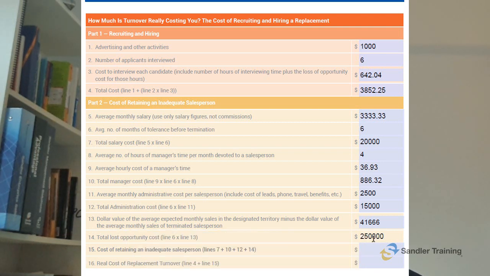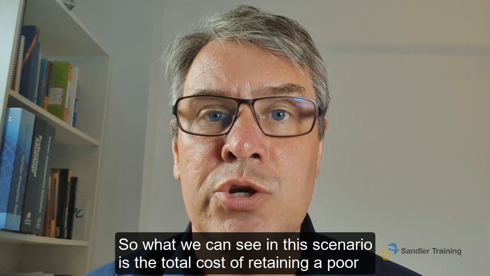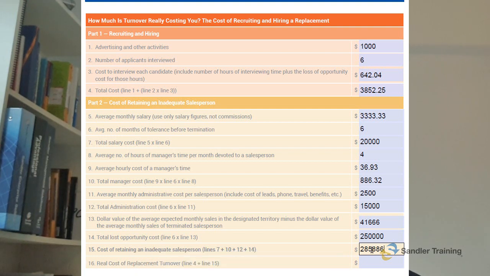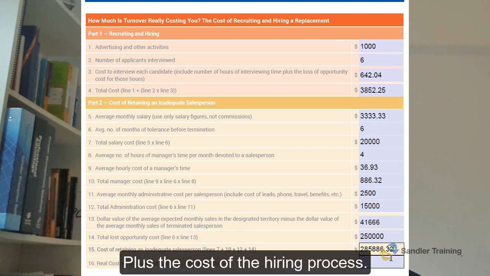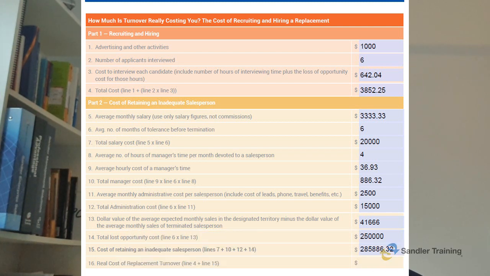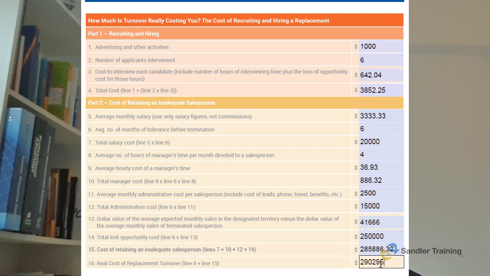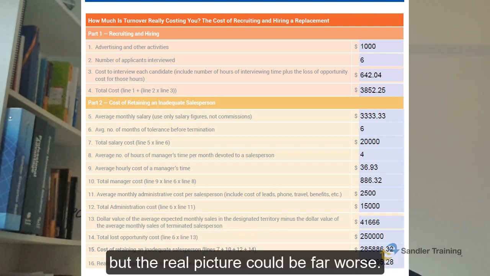So what we can say in this scenario is the total cost of retaining a poor performer is £285,886. And the total cost of replacing them, that's the opportunity cost plus the cost of the hiring process, would bring up total cost to £290,295. Now, in anybody's business, this is a serious chunk of money, but the real picture could be far worse.